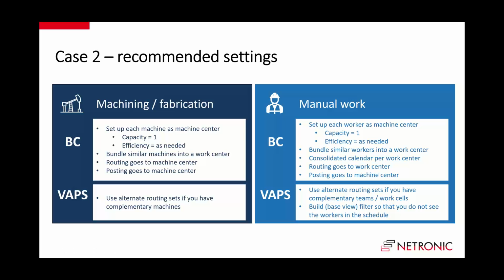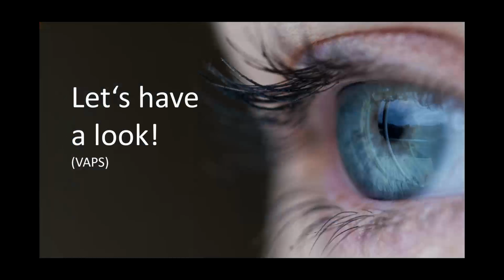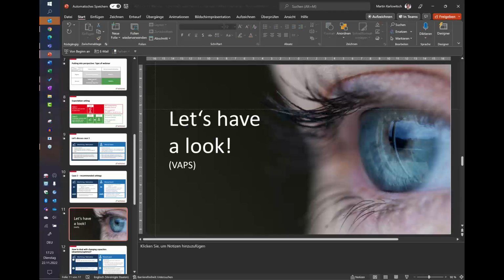If you talk about scheduling, then the VAPS is the tool of choice. And in the scheduling tool, we don't necessarily need to see the workers when we do the scheduling. And so I recommend that you definitely have these types of filters here, so that you can deal with this. And with this, let's go to the VAPS first, and let's look at a couple of those settings.